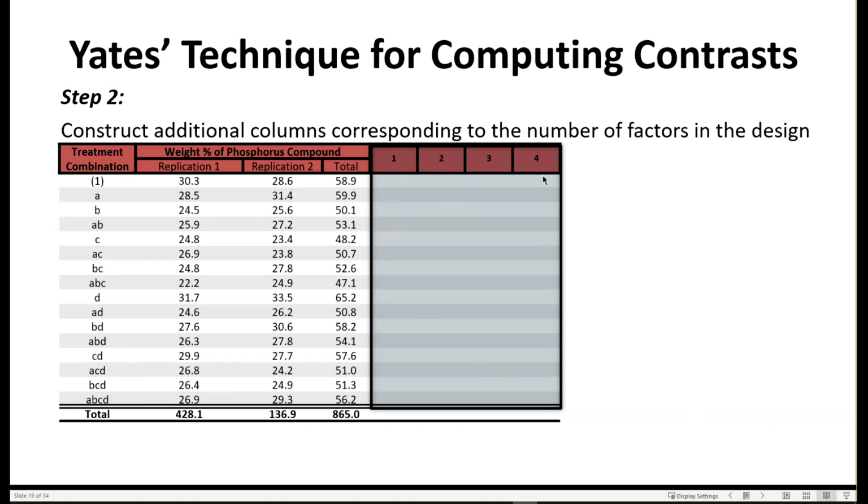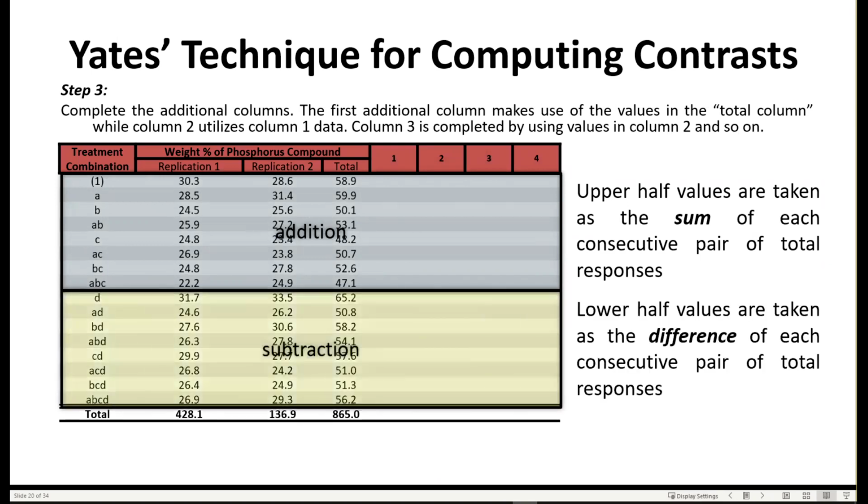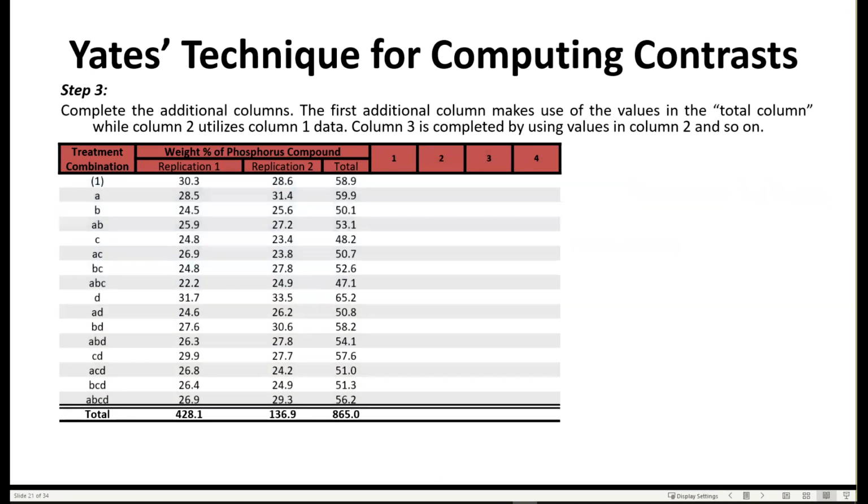If there were only 3 factors, we add only 3 additional columns. For the upper half, we add consecutive rows, and for the lower half, we take the difference between consecutive pairs.